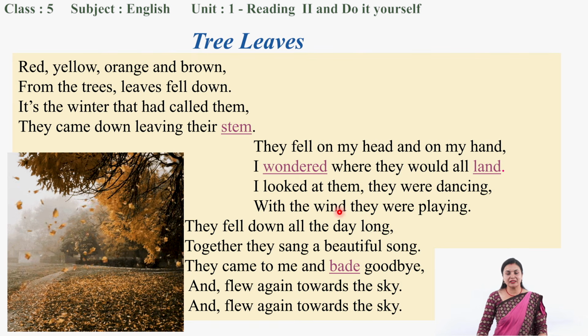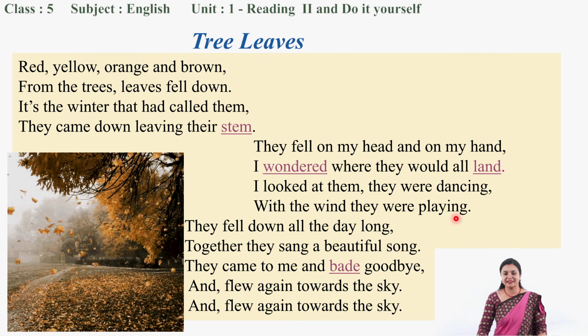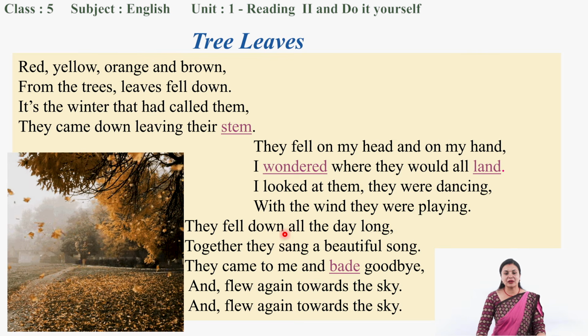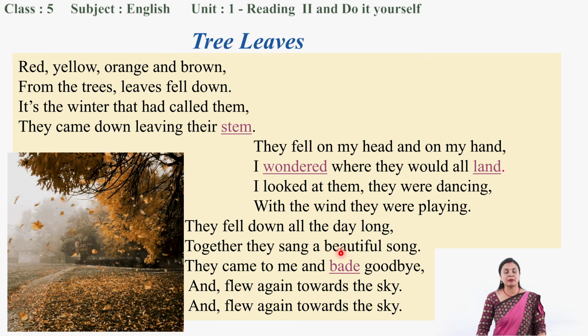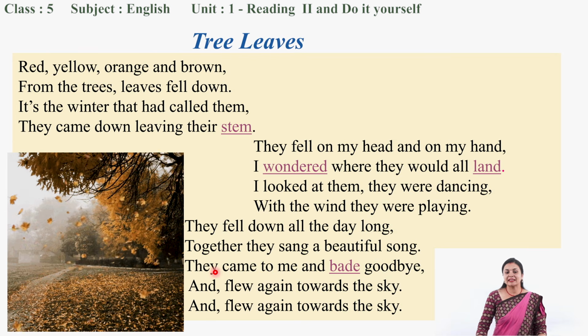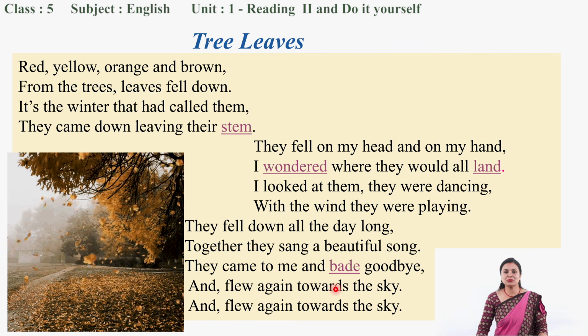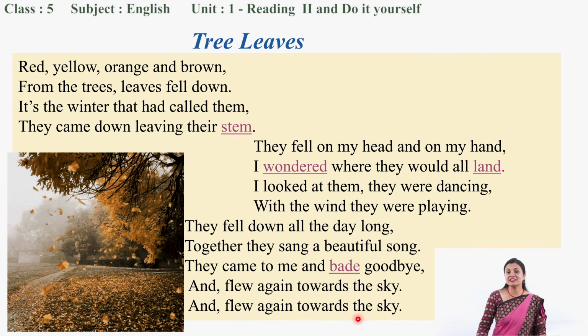With the wind, they were playing. They fell down all the day long. Together they sang a beautiful song. They came to me and bade goodbye and flew again towards the sky.